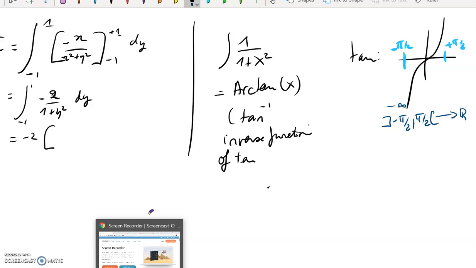It goes from negative infinity to plus infinity. And the arctangent does the contrary: it goes from R to minus pi over 2, plus pi over 2.